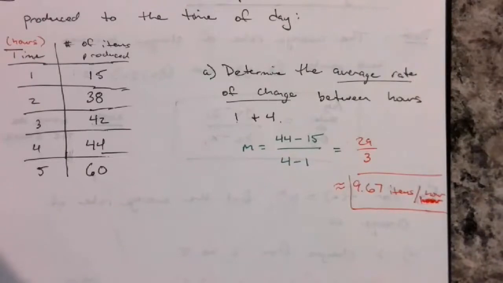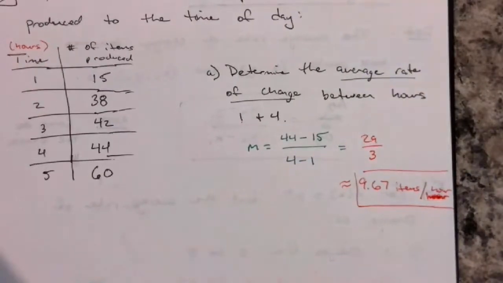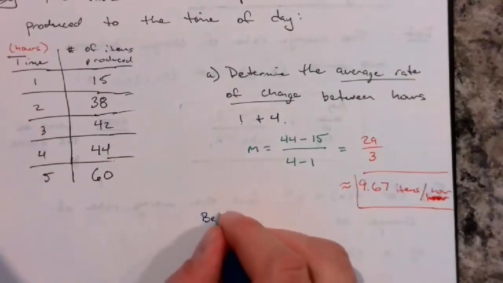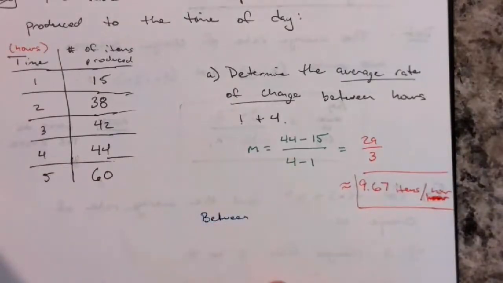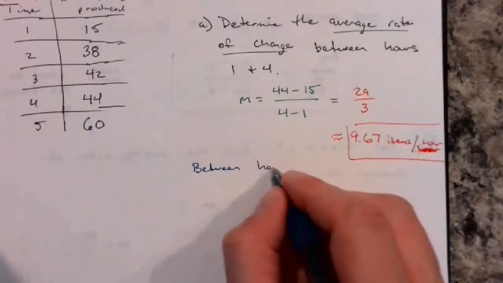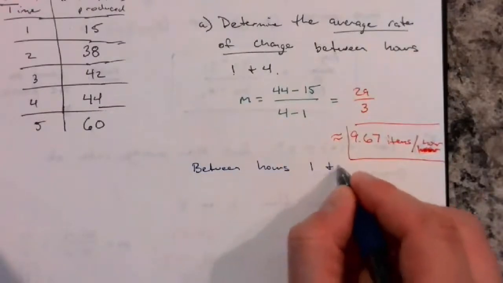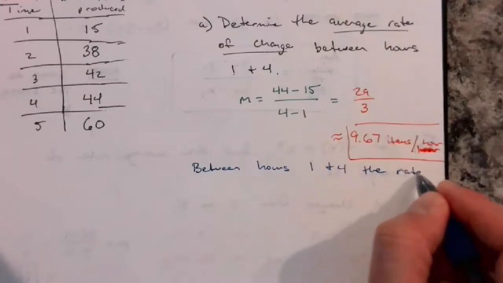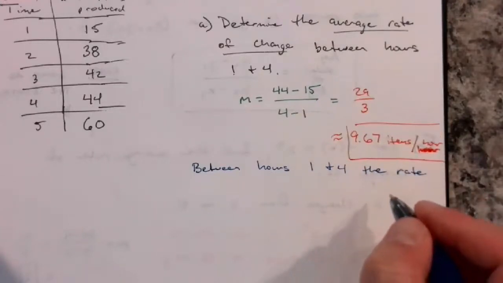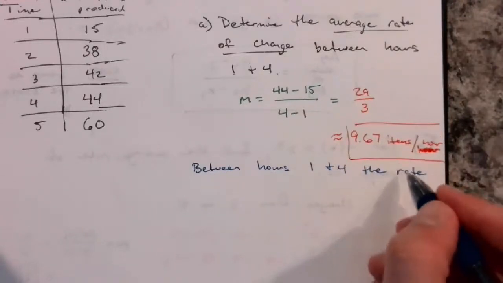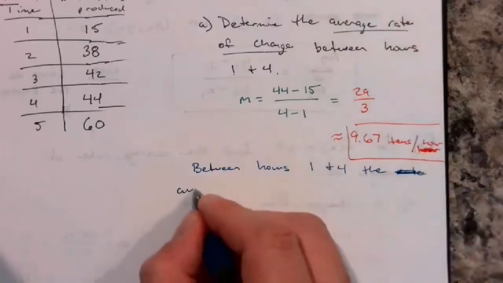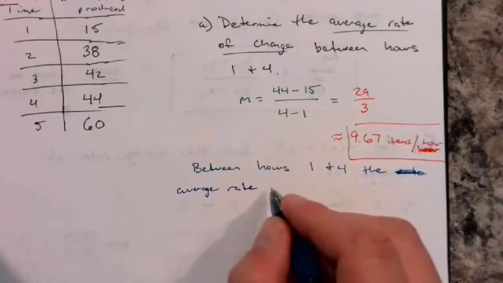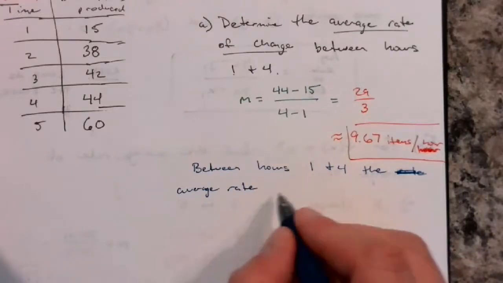And maybe we'll write this out just so you have it in a sentence, right? So between hours 1 and 4, the average rate increased.